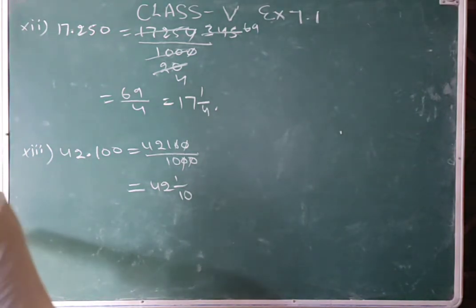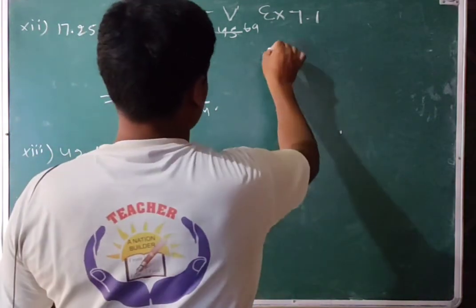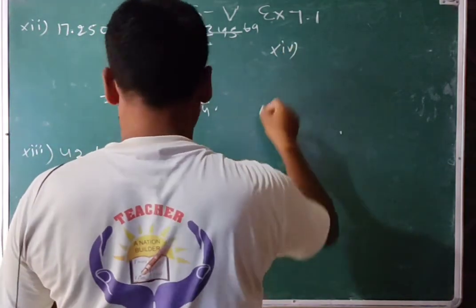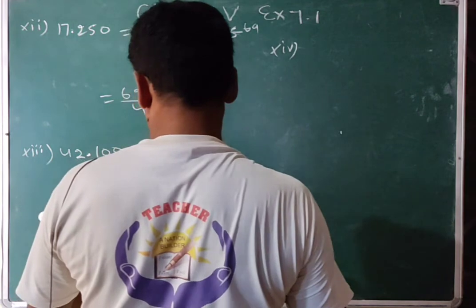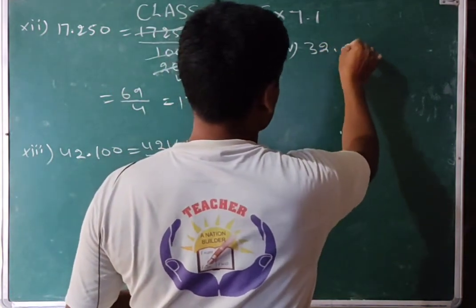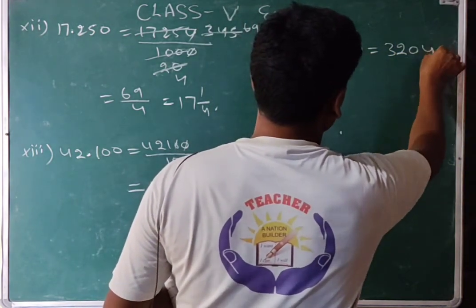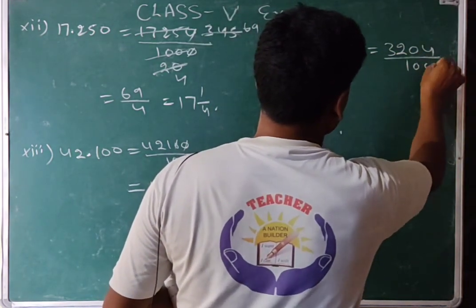Next is the 15th part. Now the 14th part, that is 32.04. 32.04 is equal to 3204 upon 100.